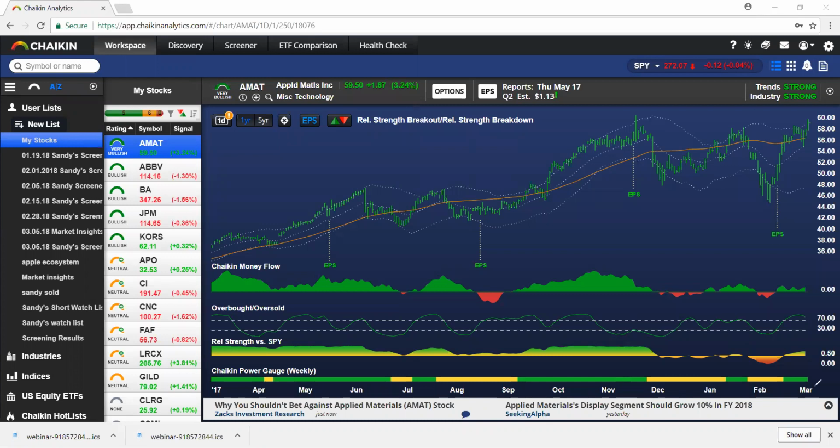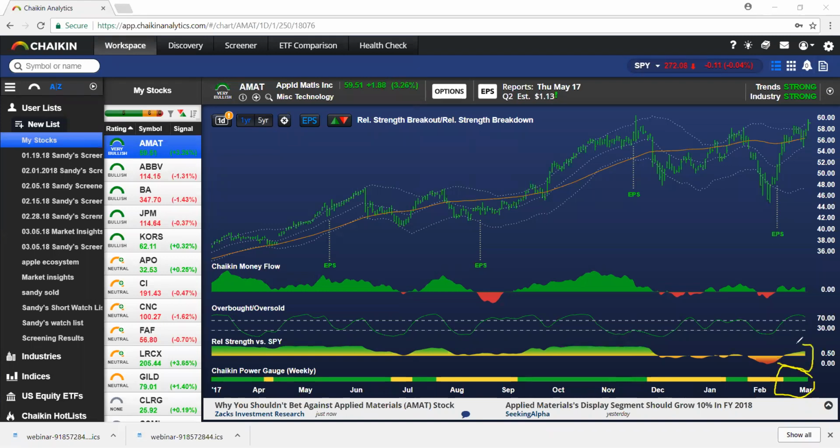You can see the Power Gauge rating at the bottom turned bullish probably late February. A lot of stocks turned neutral in early February with that 10% correction, so this is kind of not relevant. But you can see it's gone from bullish to neutral pretty much for the last year or so. So I'm good with this stock.